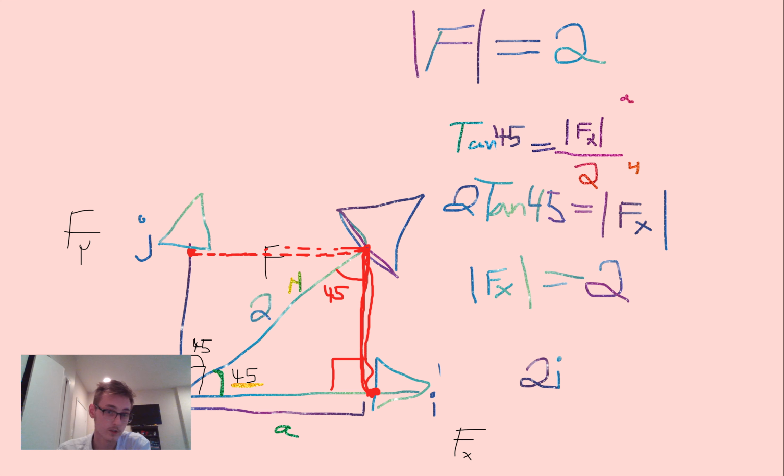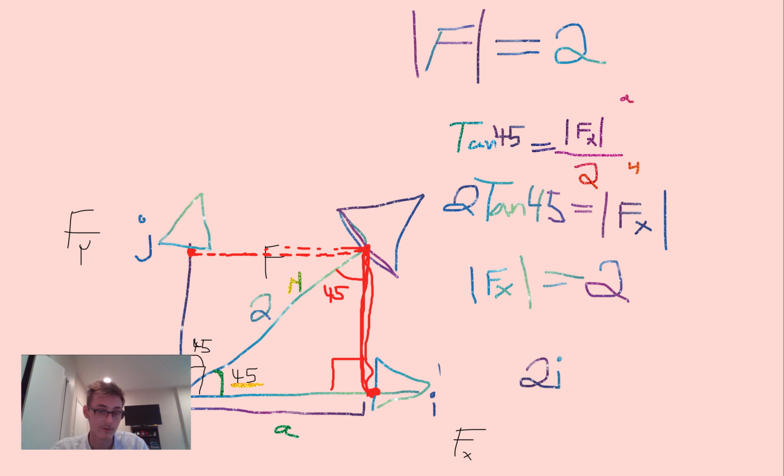And then we would just do the same thing. So we have our hypotenuse is 2, and we need to find the adjacent side, which is going to be our tangent function. And it would result in the same equation.